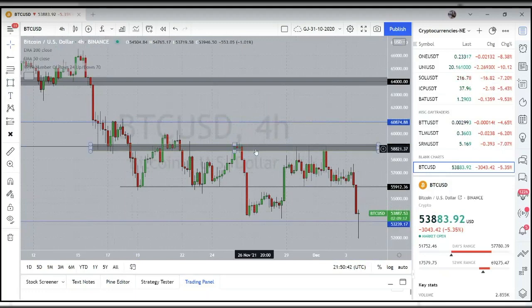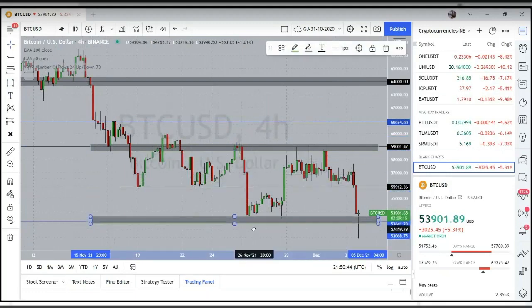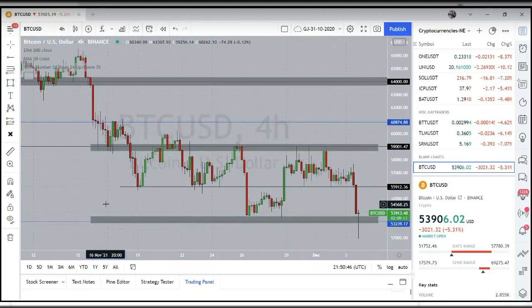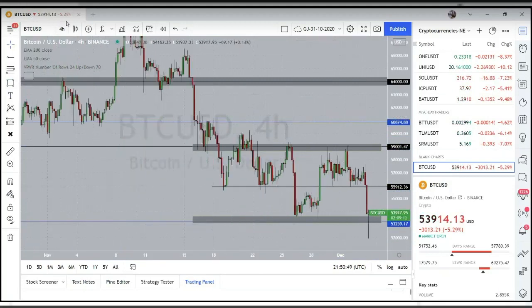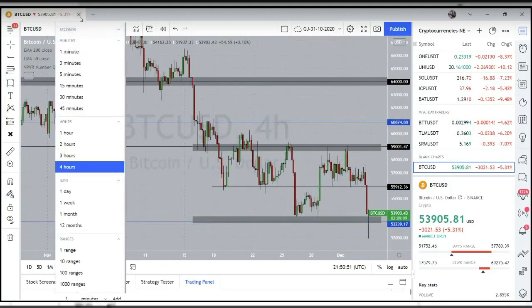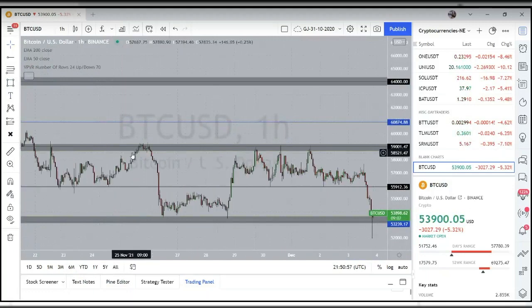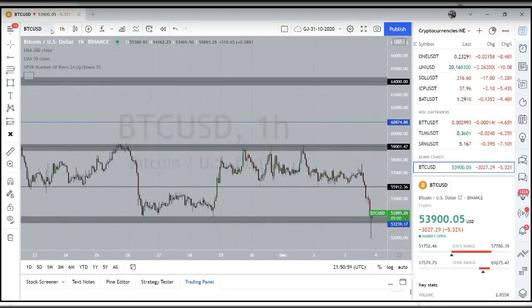Could do one down here as well. Okay, so when you get down to these levels, you're expecting a reaction.